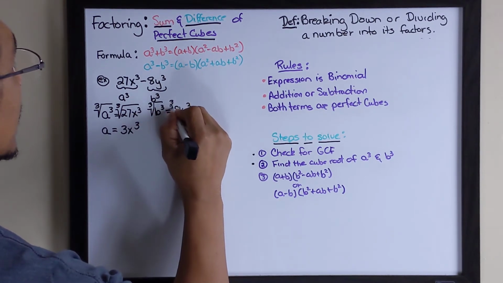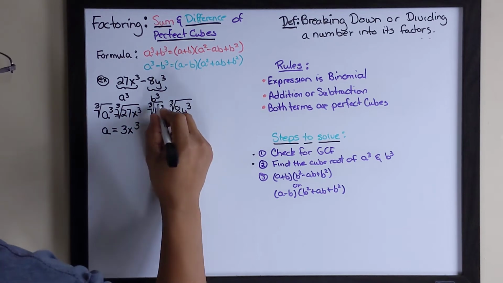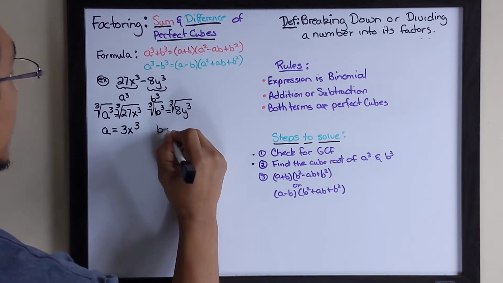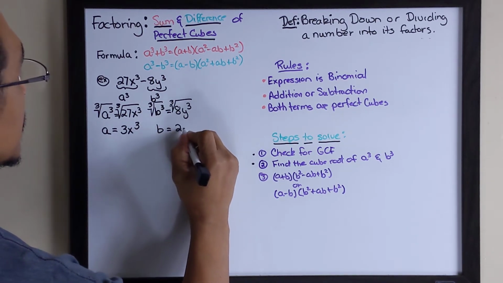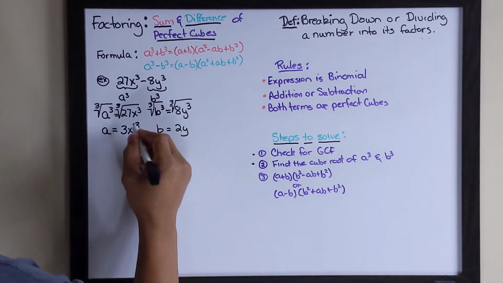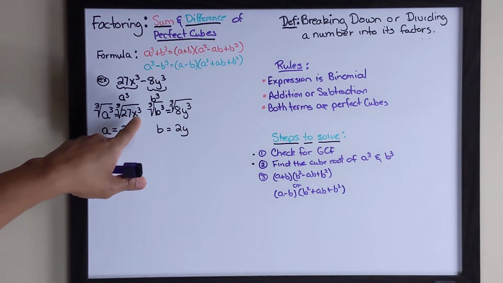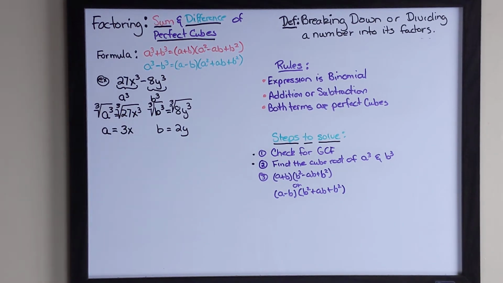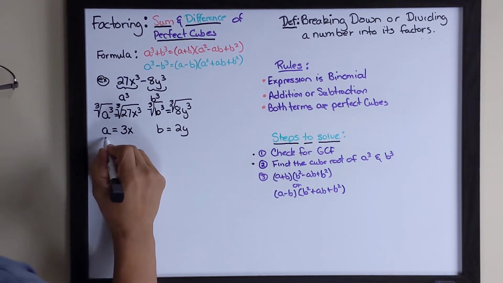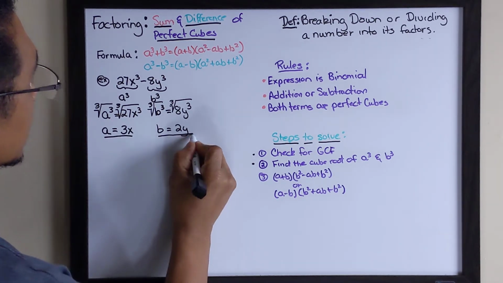So this side will give us b, and this side will give us 2y. And I made a mistake. It's not cubed here. It's just 3x. We take the cube root of x cubed, it's just x. Sorry about that. So here's the value of a. Here's the value of b.